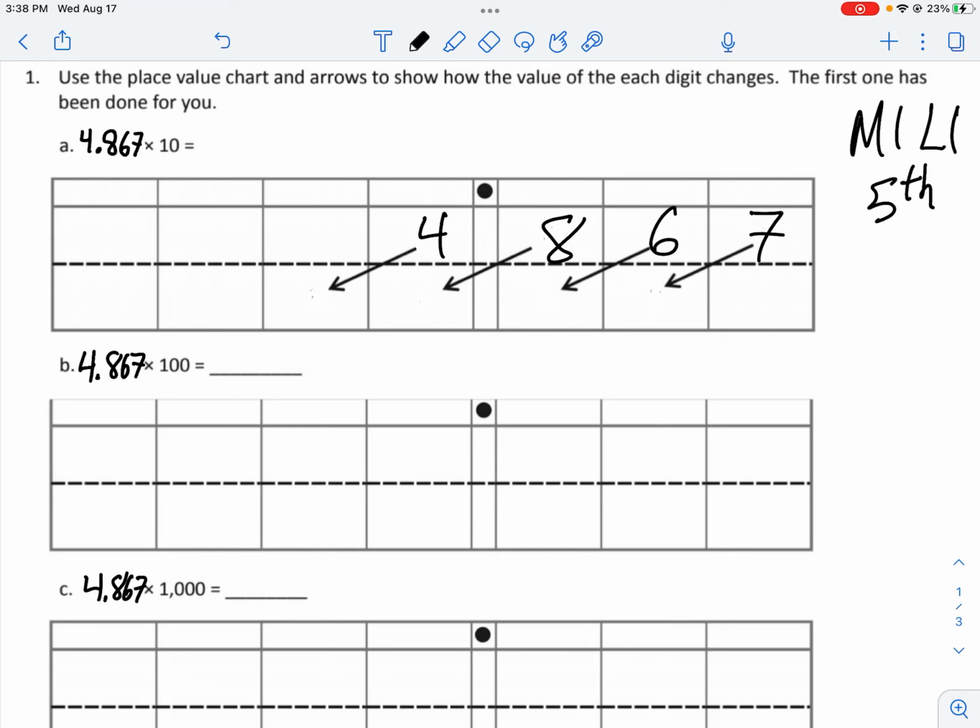So, we were looking at a place value chart and trying to do a concrete pictorial representation of what happens when we multiply by 10, 100, or 1,000. On this place value chart, the student should know that the 4 is in the ones place, the 8 is in the tenths place, and the 6 is in the hundredths place.